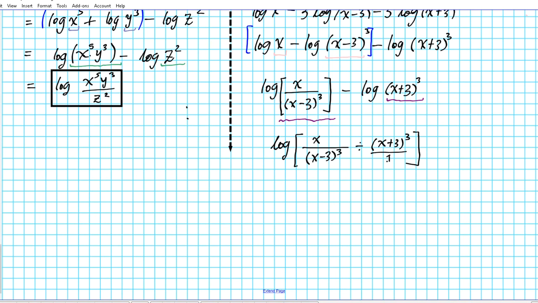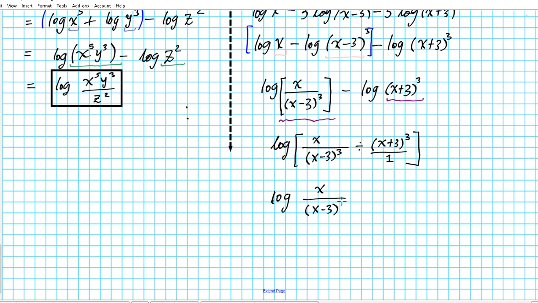Okay. Alright, so now this divisor here, I can write it as a fraction, put it over 1. Now remember how to divide fractions. When you're dividing fractions, you just multiply the numerator, or the dividend, by the reciprocal of the divisor. Alright, remember, drop, change, flip, or keep, change, flip is the same thing, right? So you keep the dividend, the numerator, x over x minus 3 to the third.